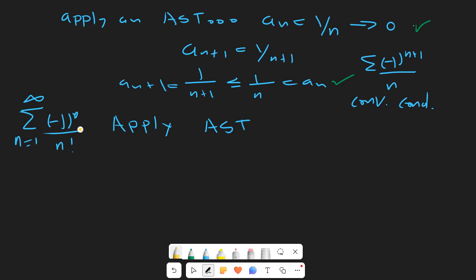But let me look at a different one, actually, that is not so involved. So we'll go ahead and look at the series of negative 1 to the n, divided by the square root of n, n equals 1 to infinity.